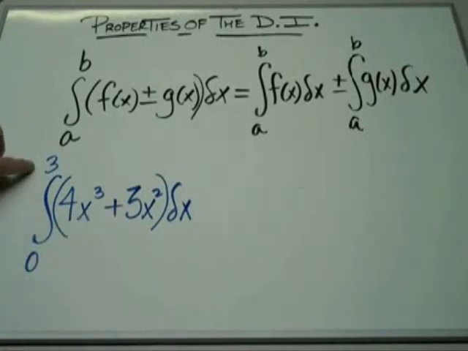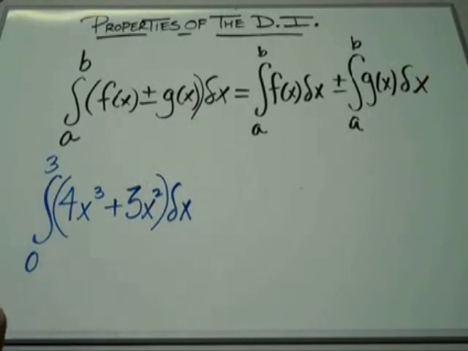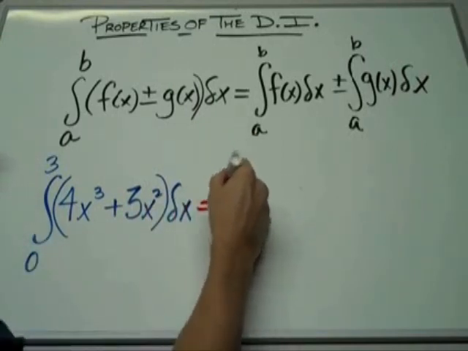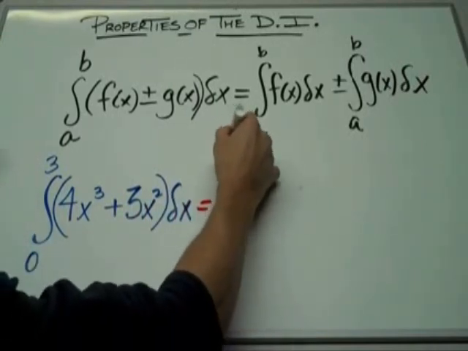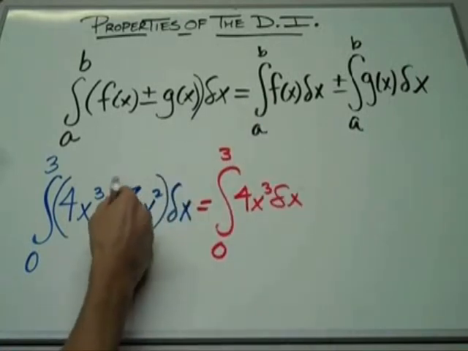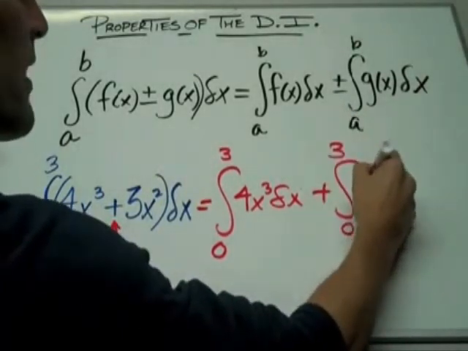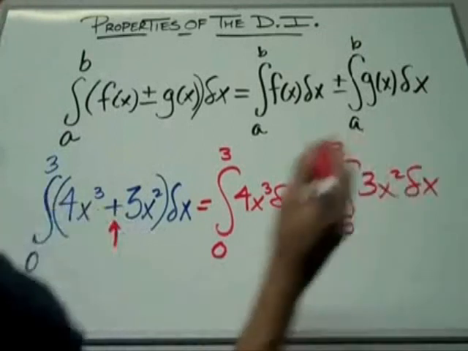If we're integrating the definite integral 0 to 3 of 4x cubed plus 3x squared dx, of course, you can integrate this in one fell swoop. Or you could split this up if you feel more comfortable, into 0 to 3 of 4x cubed dx. This calls for a plus, so we'll add 0 to 3 of 3x squared dx.